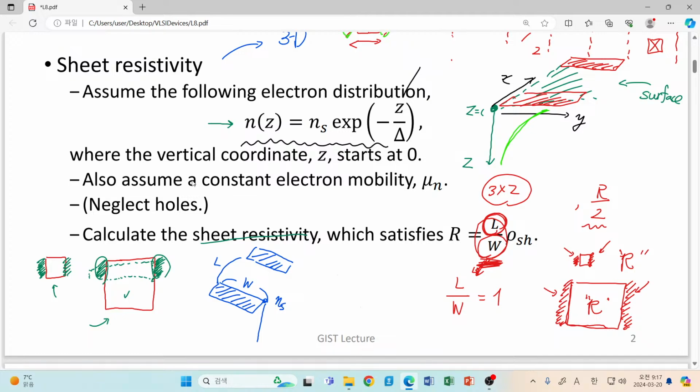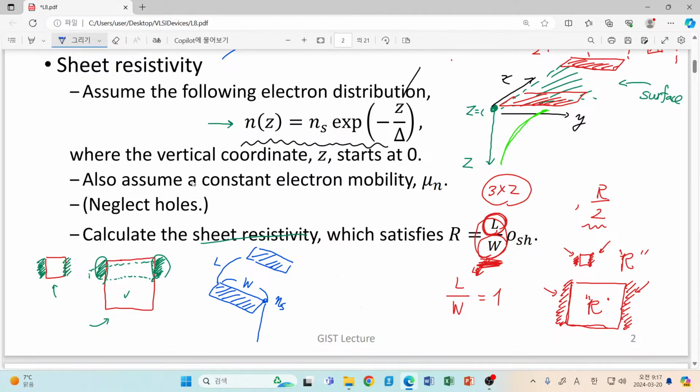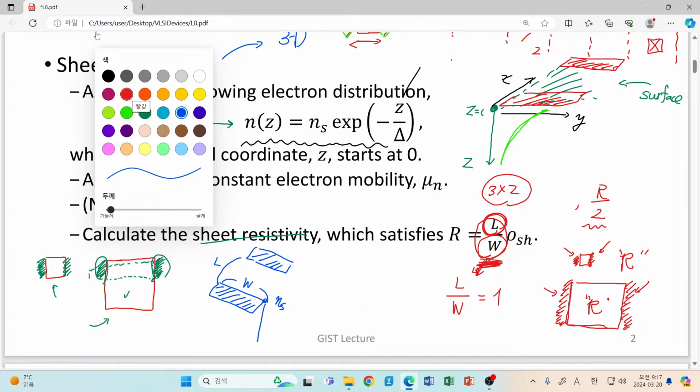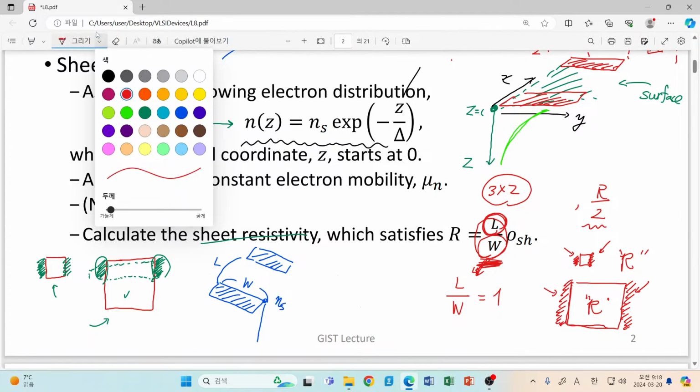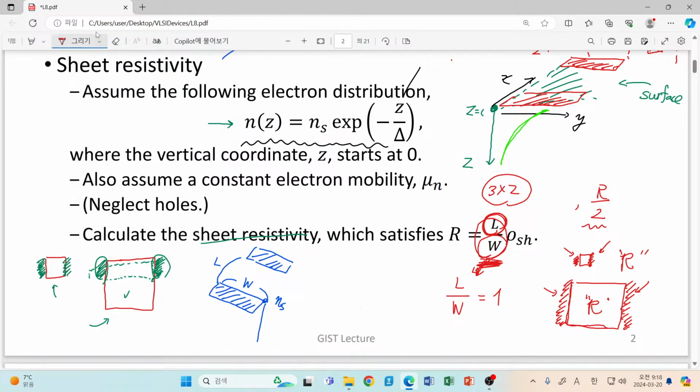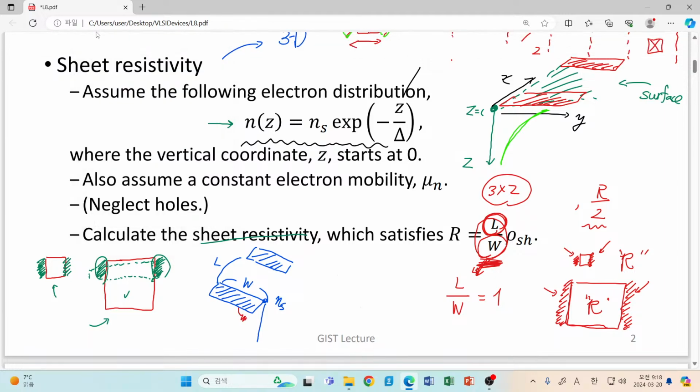But please note that in order to calculate the resistance between them, you may first say, I have to consider the resistance between the contact placed on top, and after that at this starting point there can be a resistance, and of course we may have resistance originating from this square itself.